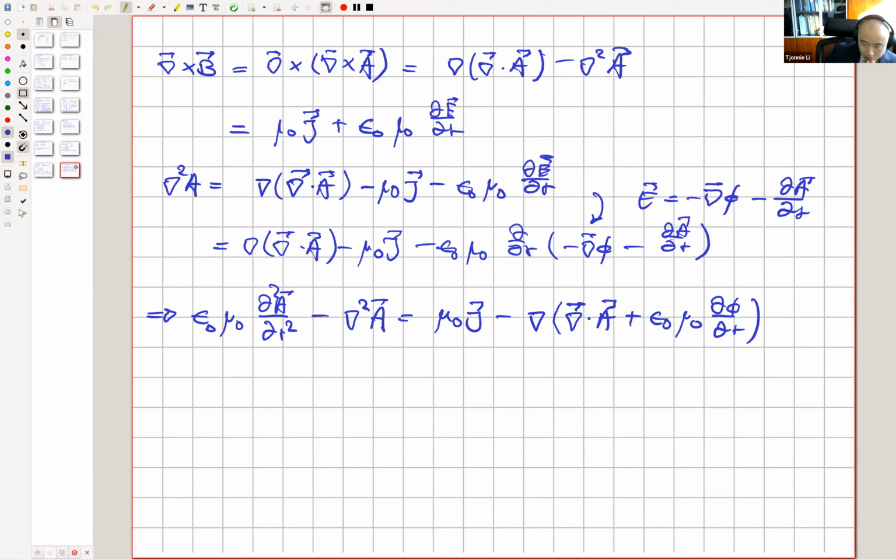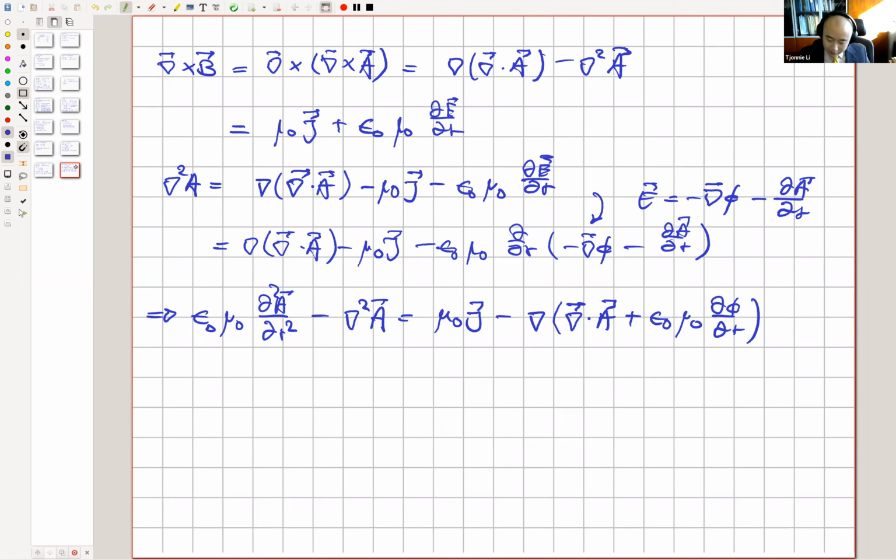Zero, or minus mu naught epsilon naught partial phi partial t. Harry says tempted to say 0. So again, before we saw that 0 is a good choice, or one of the choices, in, let's say, time independent fields. That's fine.